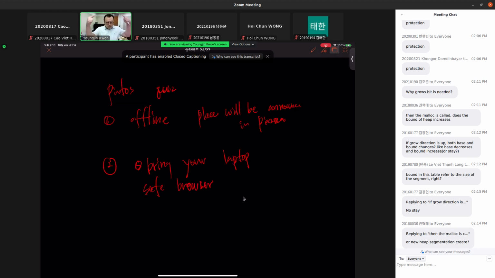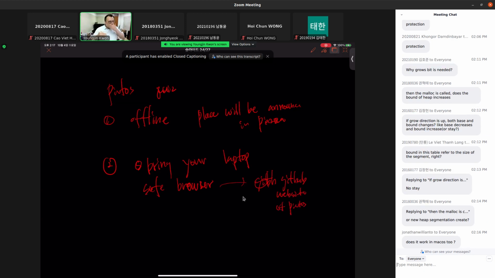It's a kind of lockdown browser, and you cannot use KakaoTalk or any other messengers while the browser is on. That browser leads to our GitHub website of Pintos.